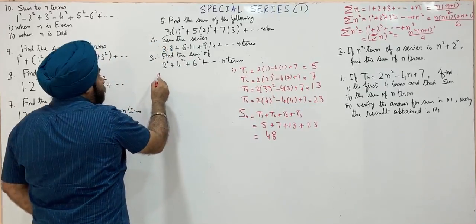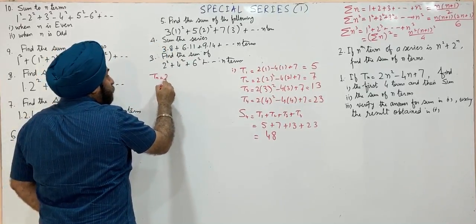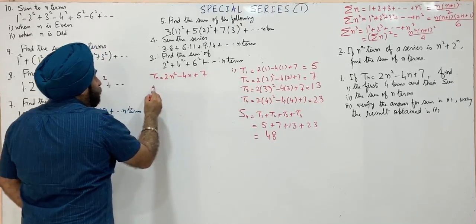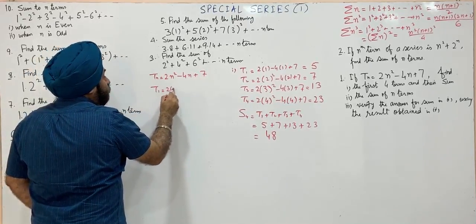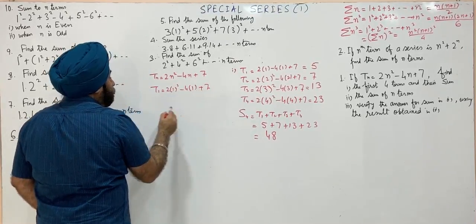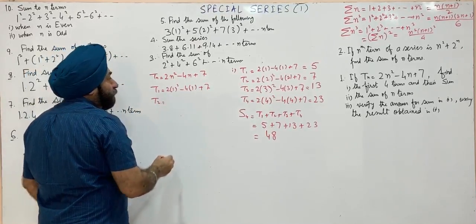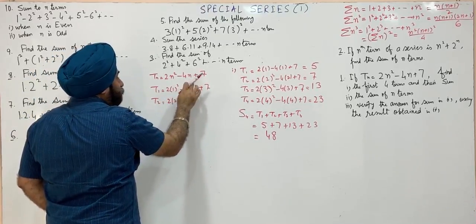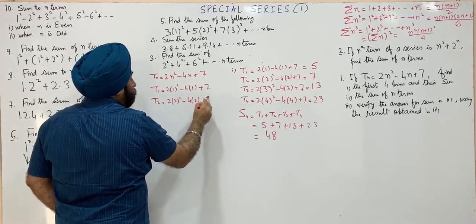Let us rewrite Tn as 2 into n square minus 4 into n plus 7. T1 is 2 into 1 square minus 4 into 1 plus 7. For the second term, we put n equal to 2, so that's 2 into 2 square minus 4 into 2, here also n is 2, plus 7.